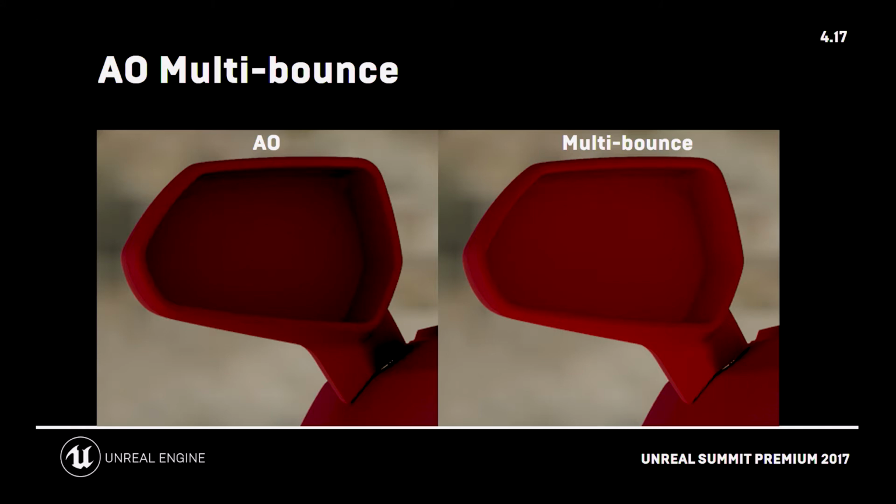Another feature we've recently added to our ambient occlusion is multi-bounce. Now, normally when we consider ambient occlusion, we're only considering the amount of occlusion a particular point has to the sky. But in real objects and real surfaces, you often get light bouncing from one surface to the next.